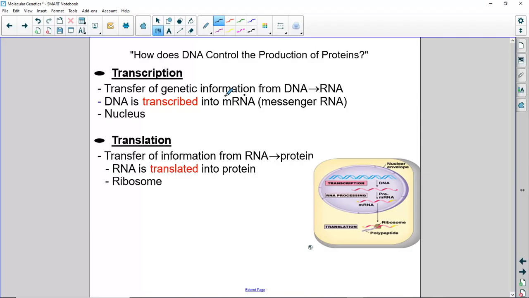So transcription puts the DNA code onto messenger RNA through the same kind of process that happens when you are copying DNA in the S phase. Although we're not going to get really deep into the exact process, which is covered in your textbook, we're doing the 9th grade version of it. DNA is transcribed. It's important to know that transcription happens in the nucleus of an organism.